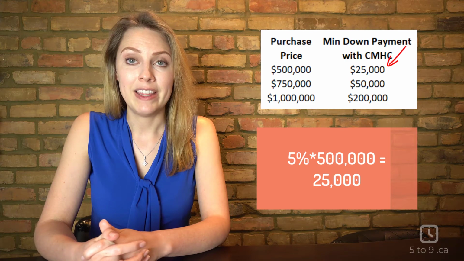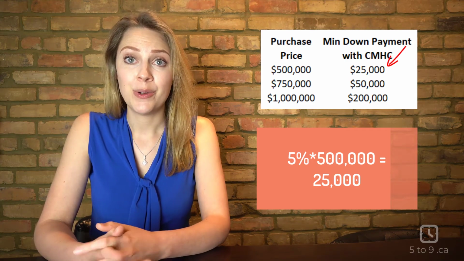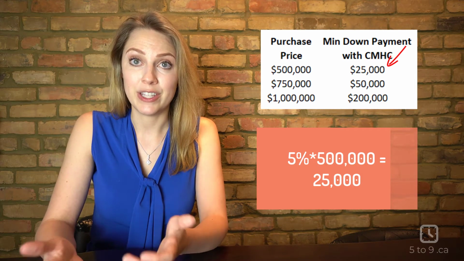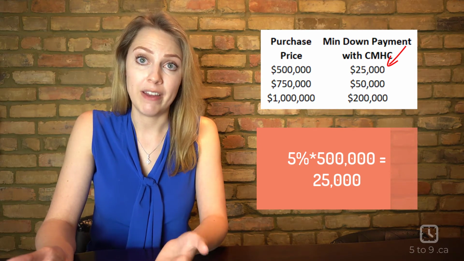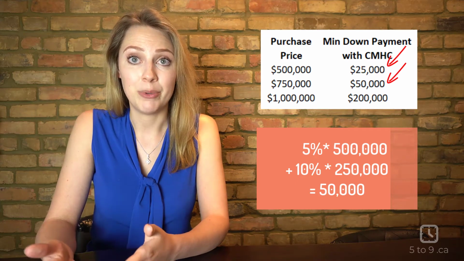Now let's say you're comparing that to an example of purchasing a $750,000 property. So again, up to the $500,000, you will have to put down 5%, so that's already $25,000. And then for the extra $250,000 from $500,000 to $750,000, you also have to put down 10%.